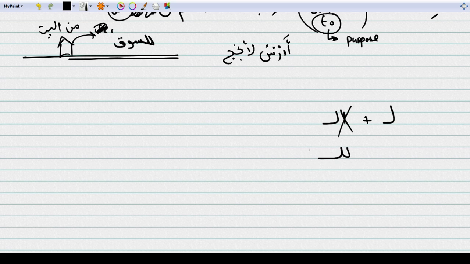So for example, I want to say that this candy is for the child. So I say الحلوى للطفل. Okay, so you see here, this is a combination of these.